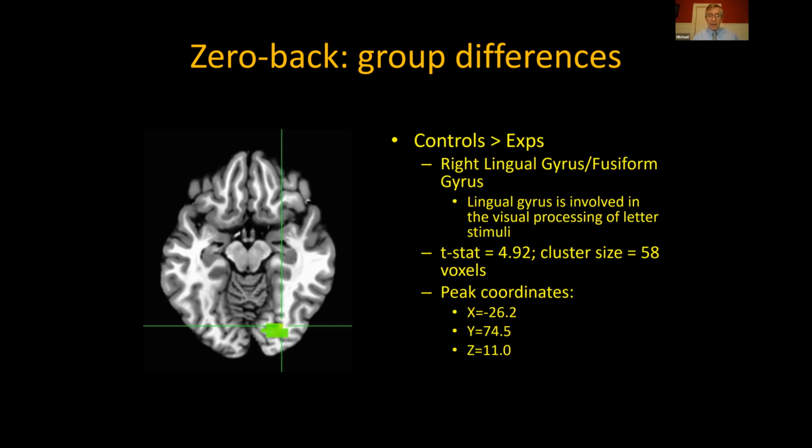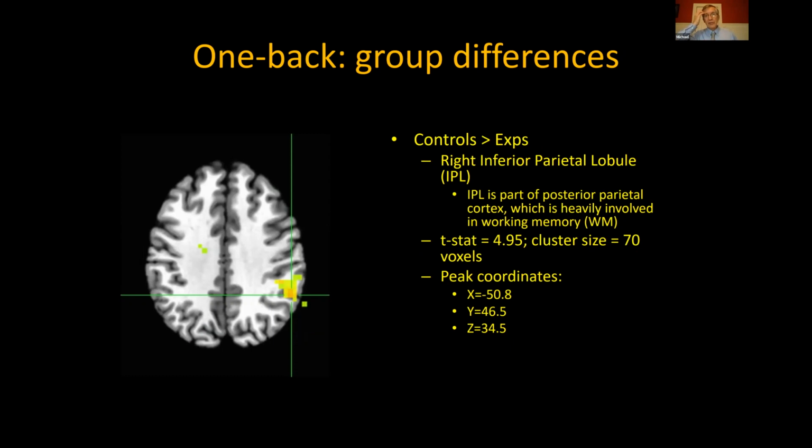So it helps us think about why the kids who were preemies were having a little trouble recognizing letters and remembering the sequence. And then the last image is showing the difference in the right inferior parietal lobe between the controls and the post-hypoxic kids. And this is another part of the brain that was involved with working memory.